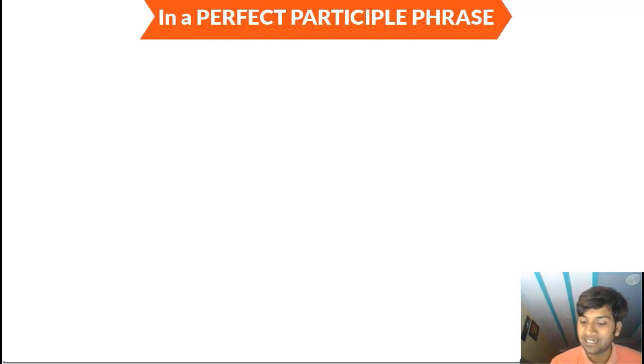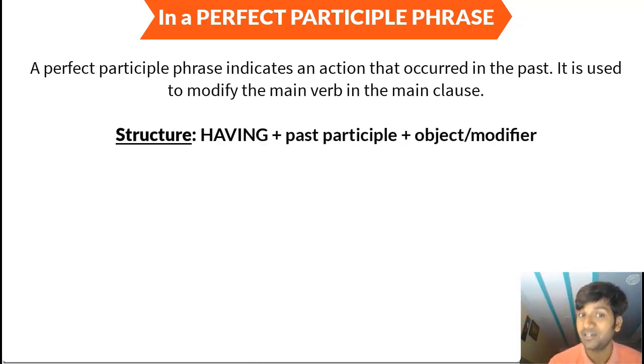Okay. Next, it comes in the beginning of a perfect participle phrase, and this is how a perfect participle phrase looks. It has having in the beginning, followed by a past participle, a third form of verb, followed by, this is optional, an object or a modifier, or an object plus some modifier.